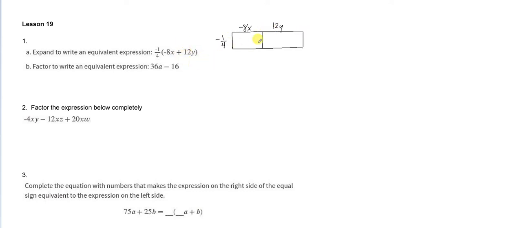So if you think of it this way, then you can clearly see that the -1/4 and the -8x could get multiplied to find the area of this box, and this box could be found by multiplying 12y times the -1/4. So a quarter of 8 is 2. So a negative times a negative, this would become 2x inside for the first one.